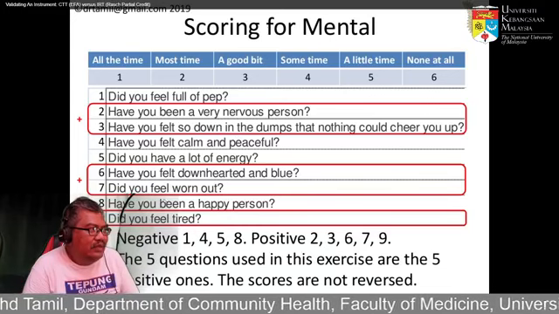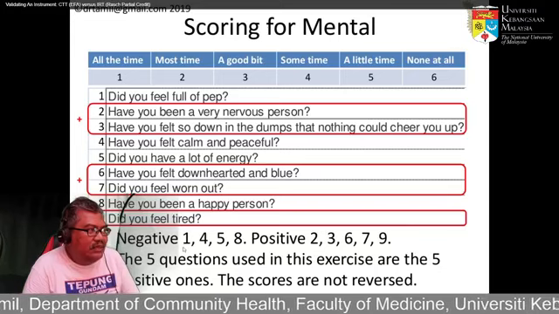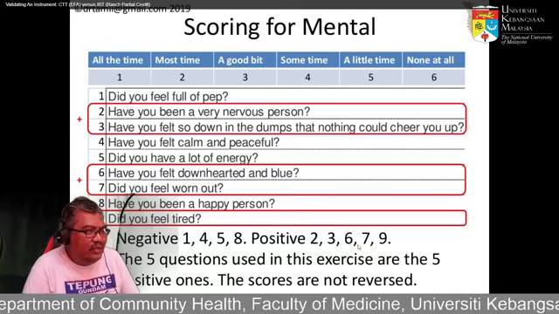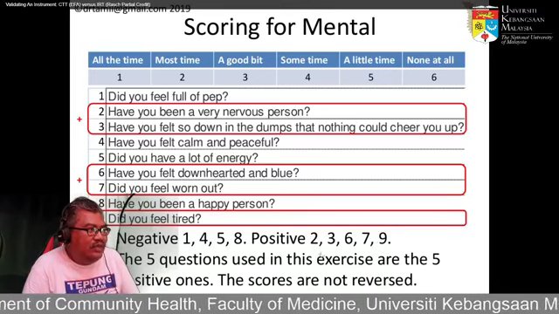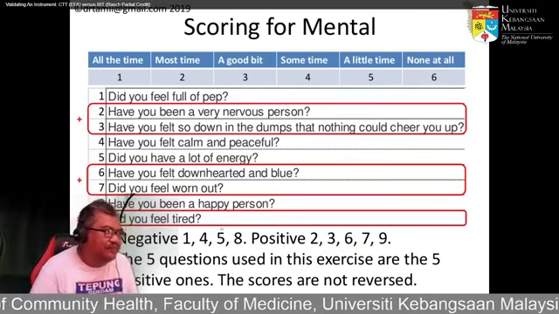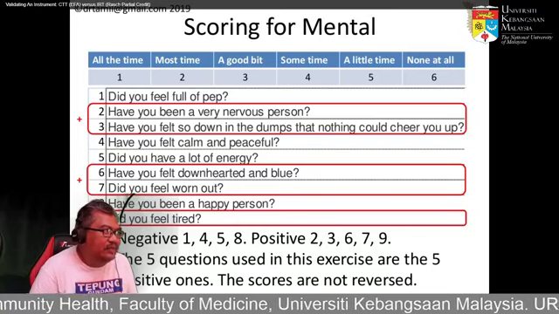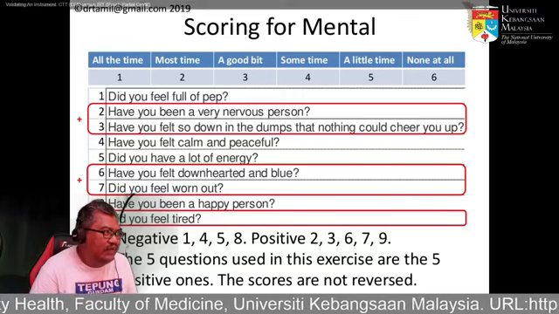So we have these questions 1, 2, 3, 4, 5, 6, 7, 8, 9. Question 1, 4, 5 and 8 are negative question. Question 2, 3, 6, 7 and 9 are positive question. So we assume based on the data set that we have, these questions are really the positive questions, question 2, 3, 6, 7 and 9.